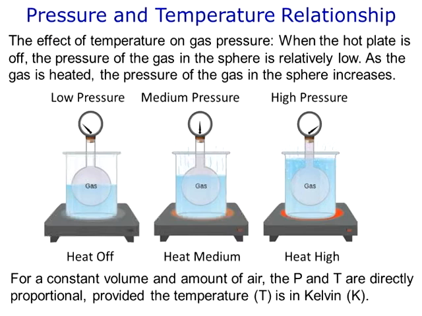So if you do a calculation and you discover that it doesn't appear to be that way, it could be that you're using the wrong T. So converting your temps to Kelvin is a very important thing to note when you're doing these calculations.